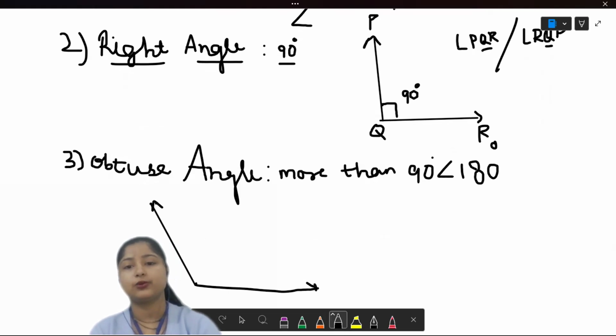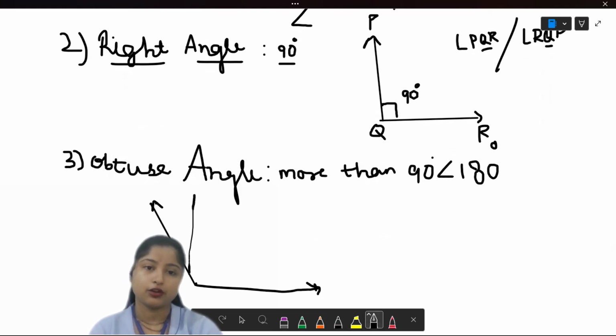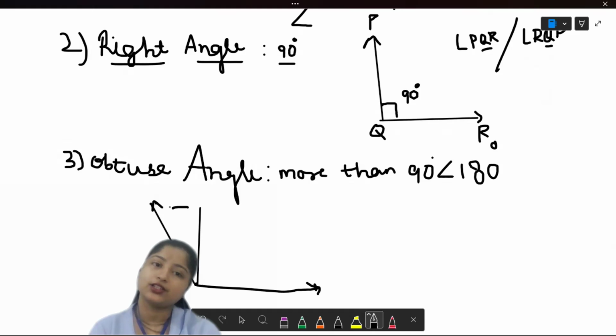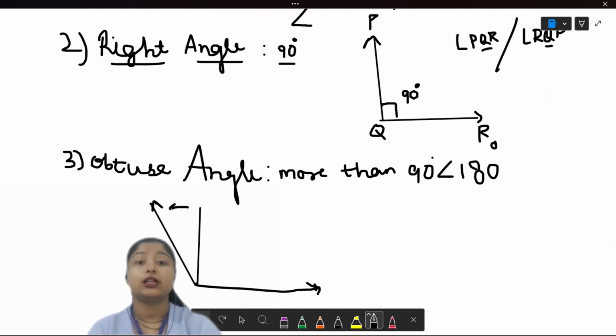Now, if you notice, a right angle, which is of 90 degrees, goes from this point. Let me draw it properly. It goes from this point, right? But an obtuse angle is more than that, that's why it is leading towards the other side. It measures more than 90 degrees.